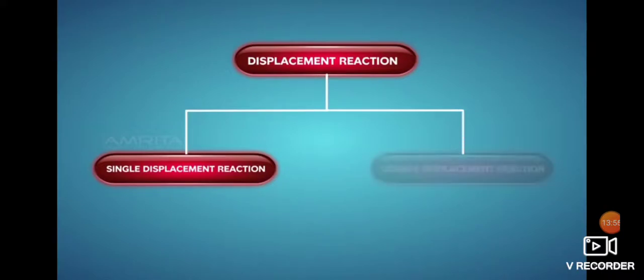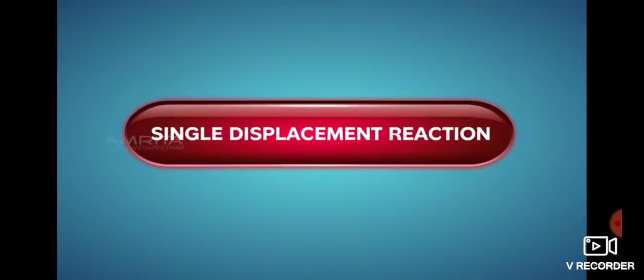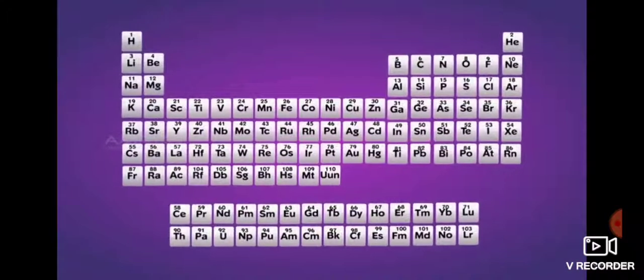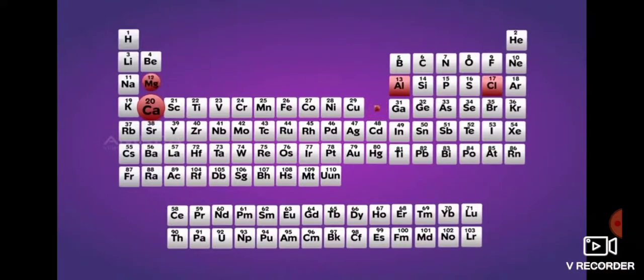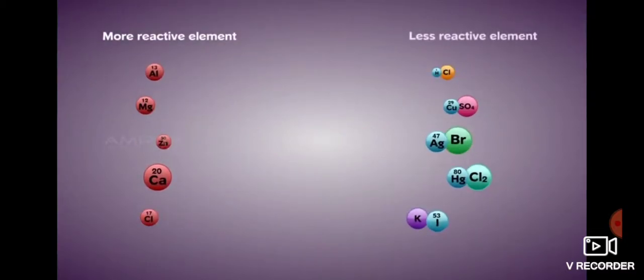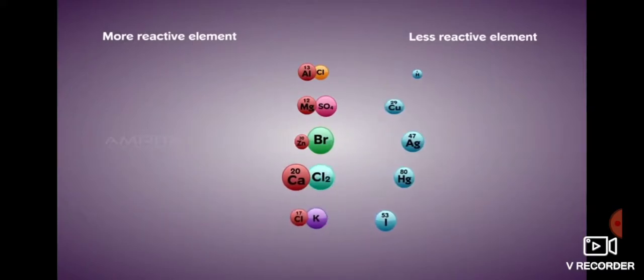Displacement reactions are classified into two: single displacement reaction and double displacement reaction. A single displacement reaction may be defined as the chemical reaction in which a more reactive element displaces a less reactive element from the soluble solution of its compound.